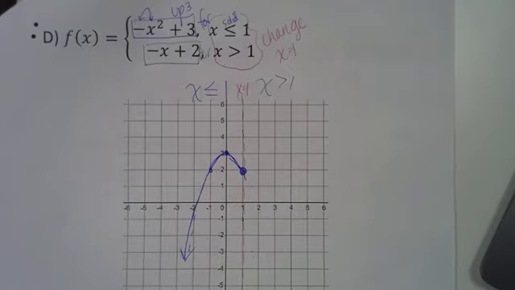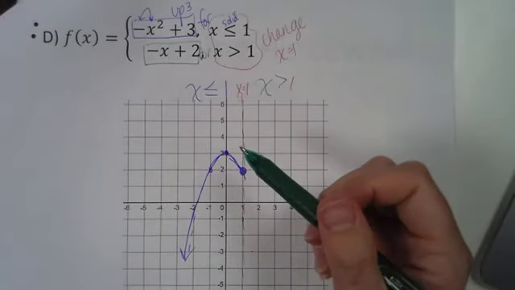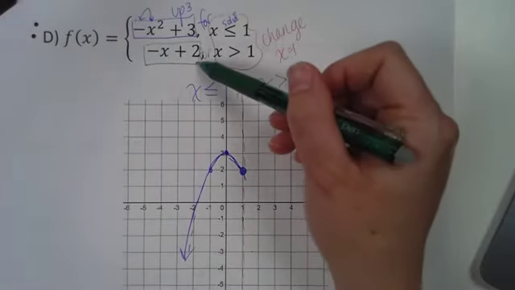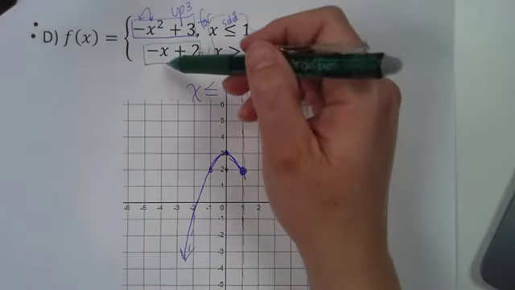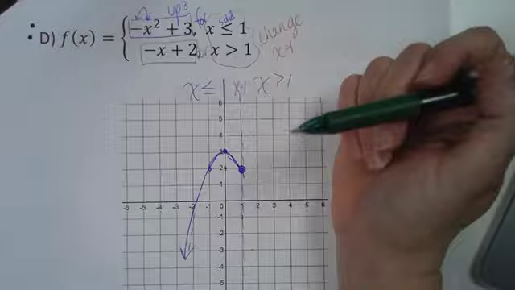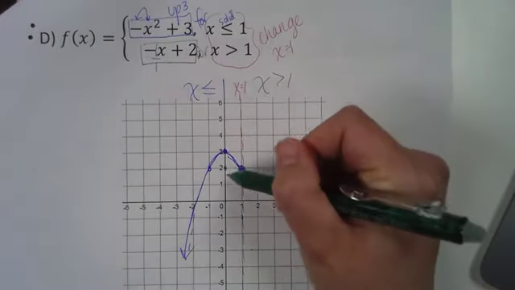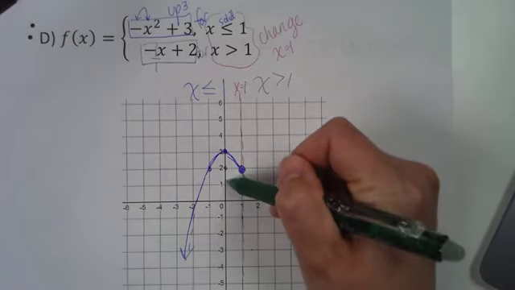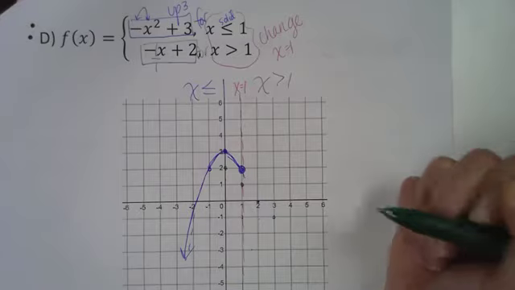Okay. Now, negative x plus 2. Where do I begin? 2. Right there. And then what's my slope? Negative 1 over 1, which tells me to do what? Down 1 and right 1, down 1 and right 1, down 1 and right 1.